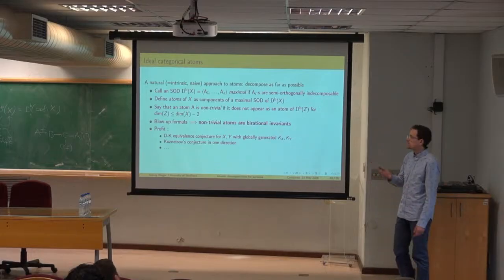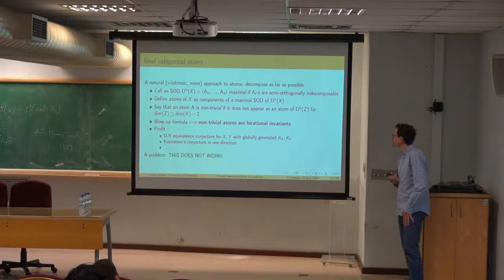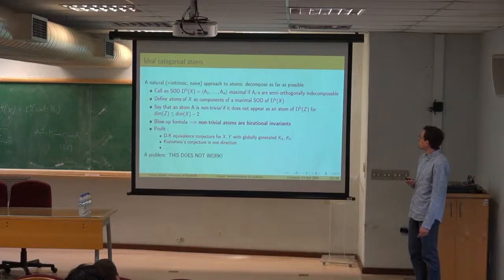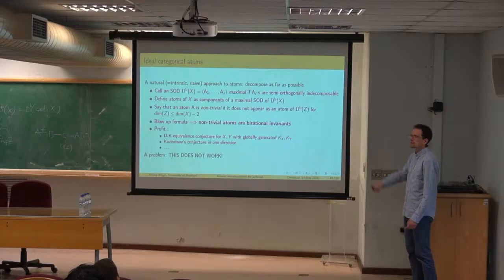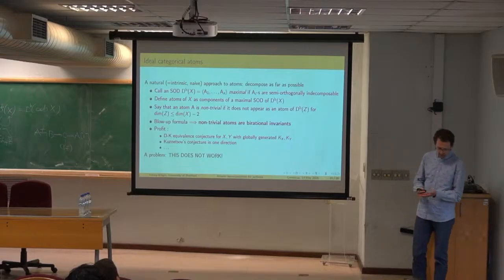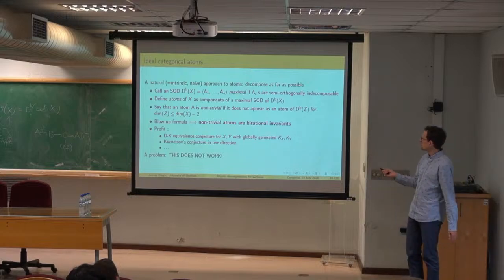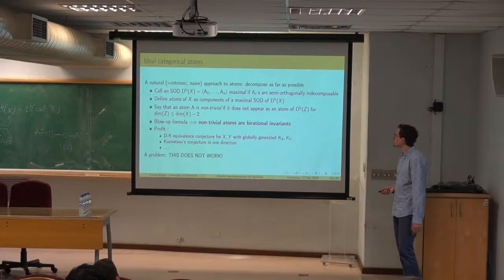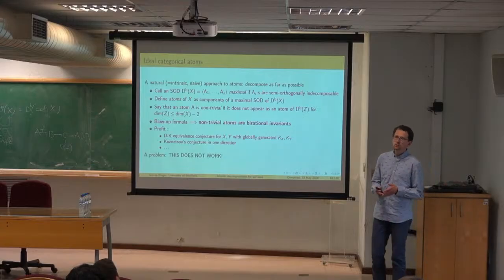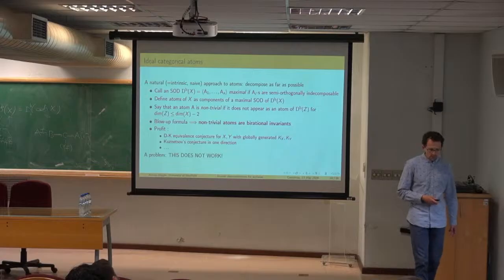But unfortunately, this approach does not work. Because we speak of a maximal SOD, but there can be different maximal SODs, and they may have different atoms. So atoms are not well defined in this way. And actually this was understood quite long ago.